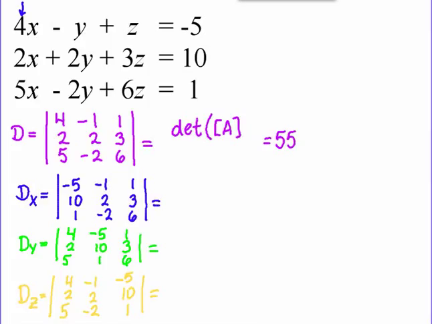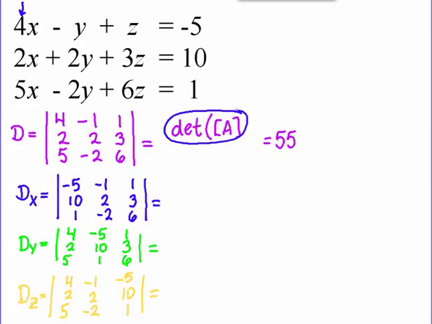Enter in dx, which is negative 55, in matrix A. The reason why is once you do that, you can recall the determinant, and then you don't have to type it in again.